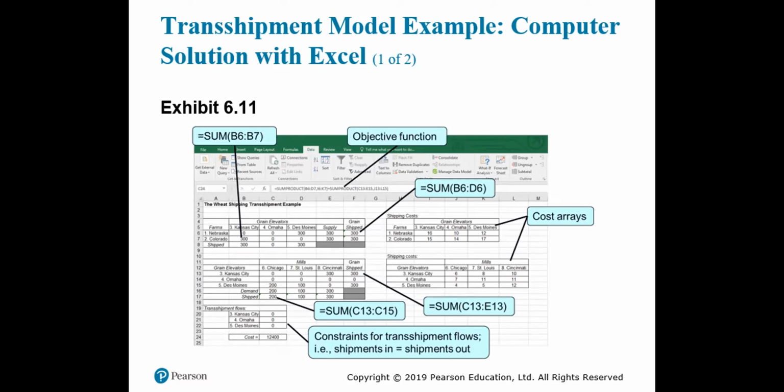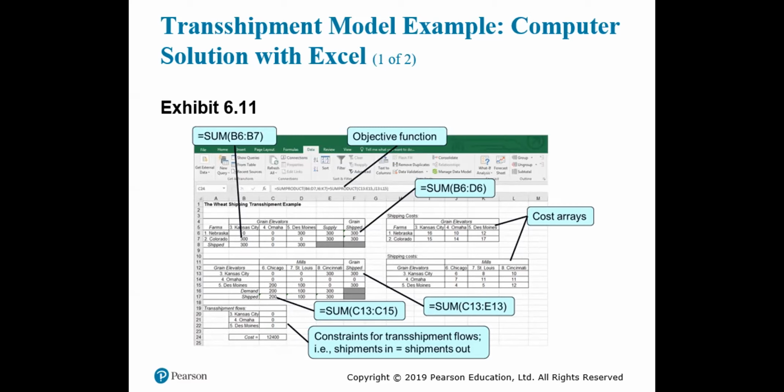So these are the elevator stations, and these are the destinations. So we have a table showing us how we move the goods from the farms to the elevators, and then from the elevators to the mills. We have the cost of shipping from farms to elevators and the cost of shipping from the elevators to the mills.